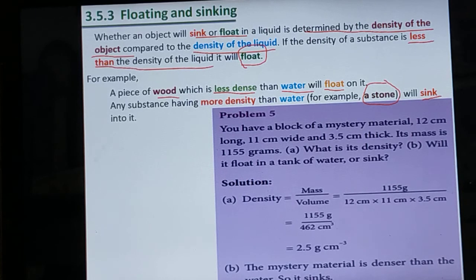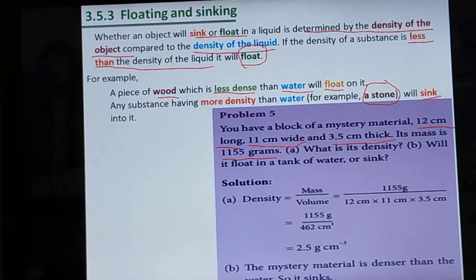See here, the problem they have given. You have a block of mystery material that is 12 centimeter long, 11 centimeter wide and 3.5 centimeter thick. Its mass is 1155 gram.